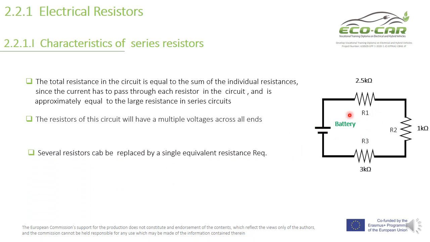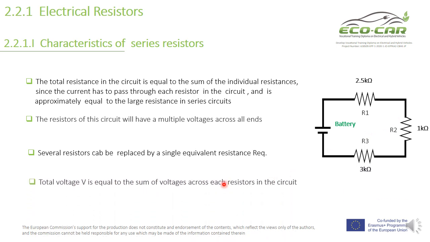As we said also, these three resistors, or maybe more, can be replaced with a single equivalent resistance, R equivalent. In this series circuit, the R equivalent is equal to the sum of all of these resistances.